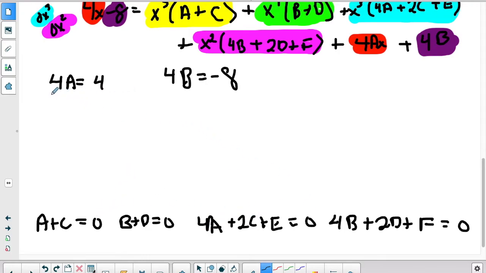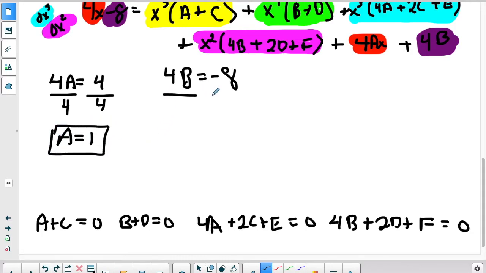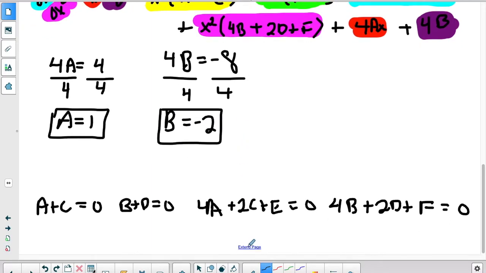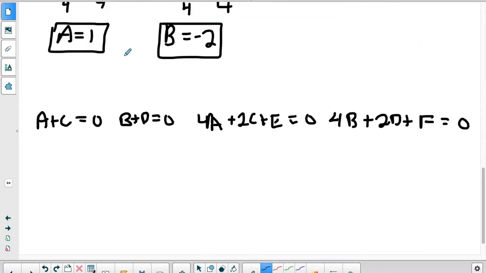But 4a equals 4, well, I can divide both sides by 4 and get that a is equal to 1. So I can find that one. Here, I can divide both sides by 4 and get that b is equal to -2. So, okay, we could solve for those 2 letters, and get values for them.